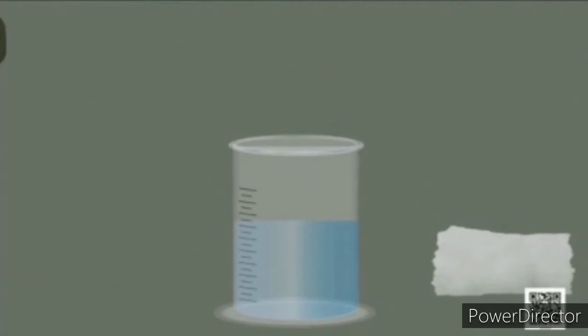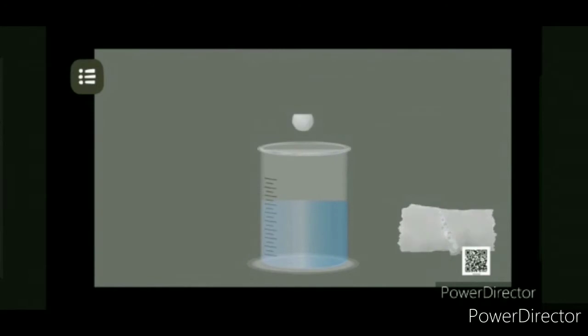Make it dry with the help of filter paper and now place it on a piece of cotton and put it in the beaker half filled with cold water. Students, you will observe that sodium reacts violently with cold water and it immediately catches fire.